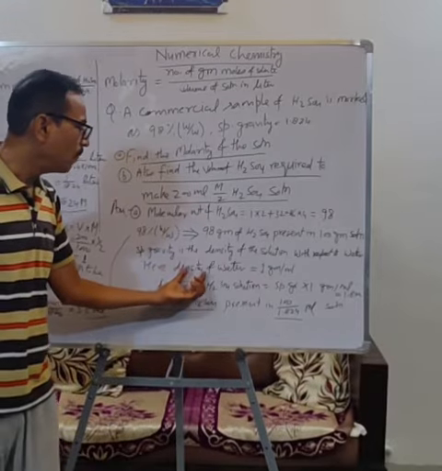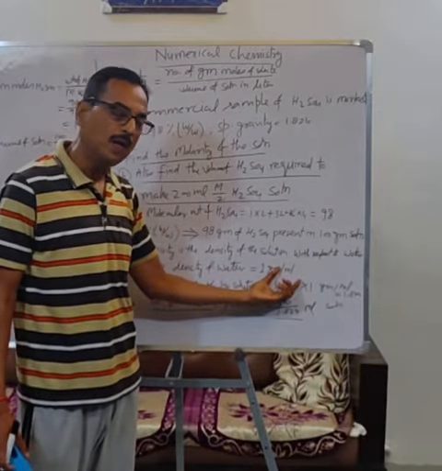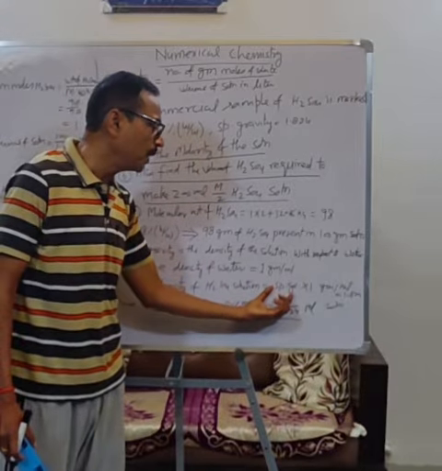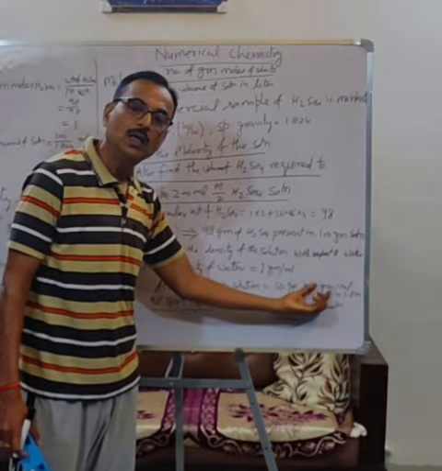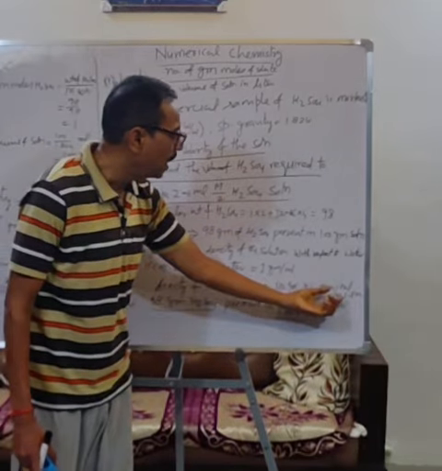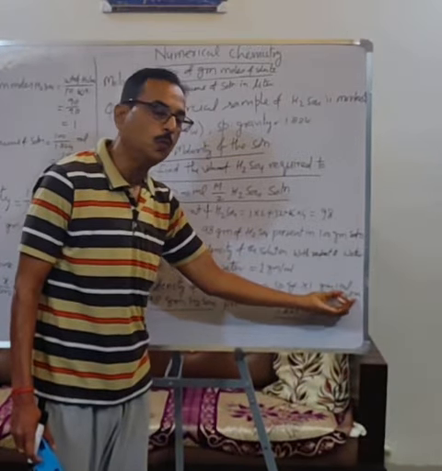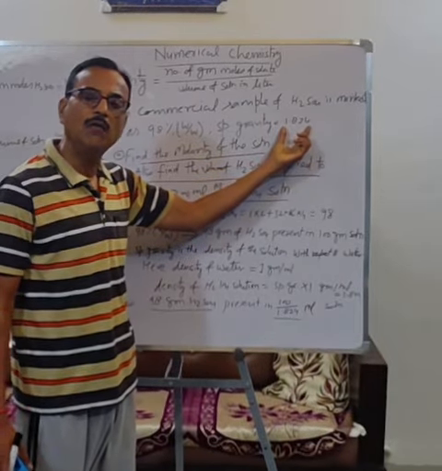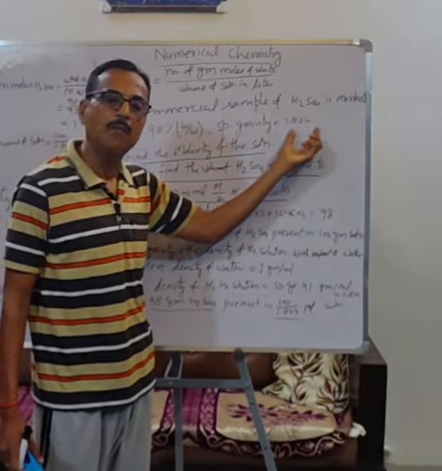The density of water is 1 gram per ml. Then density of H2SO4 is specific gravity into 1 gram per ml, that will be 1.824. In other words, it is the density of the H2SO4 in gram per ml.